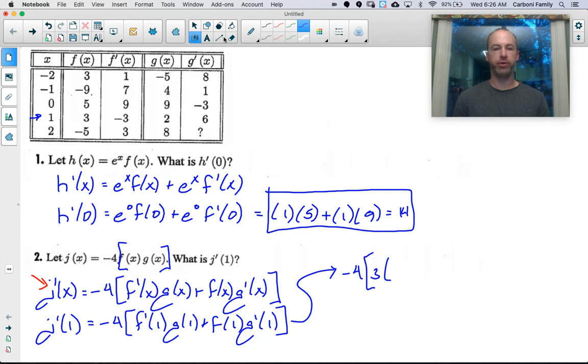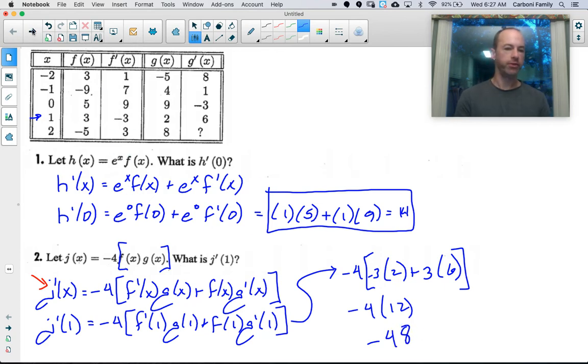So it's f prime of 1, which is negative 3. And then g of 1 is 2, plus f of 1 is 3. G prime of 1 is 6. You're free to stop here. If you cleaned that up, that's negative 4 times negative 6 plus 18 is 12, which is an answer of negative 48.